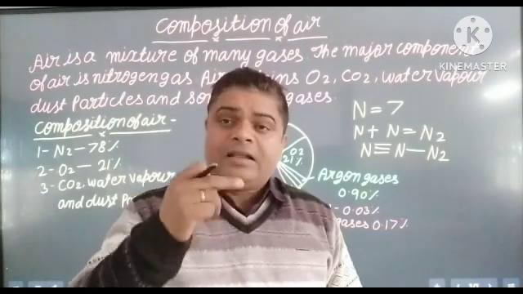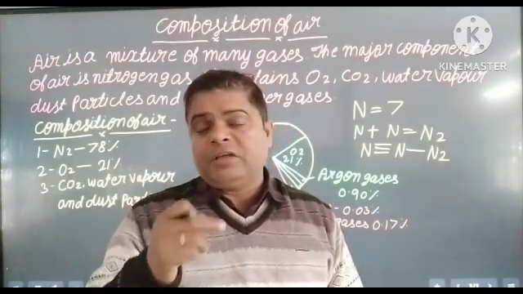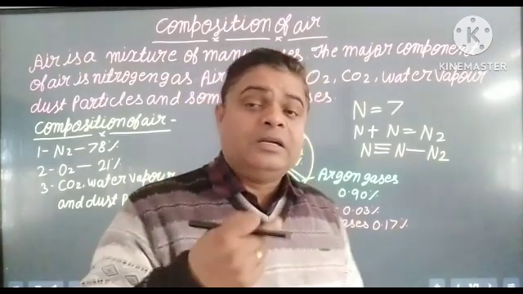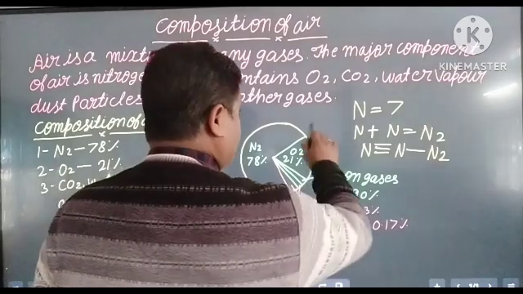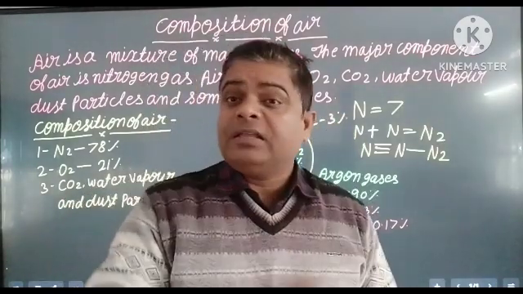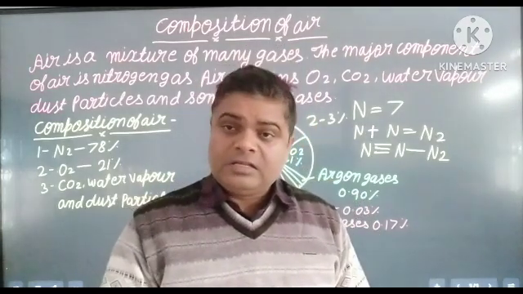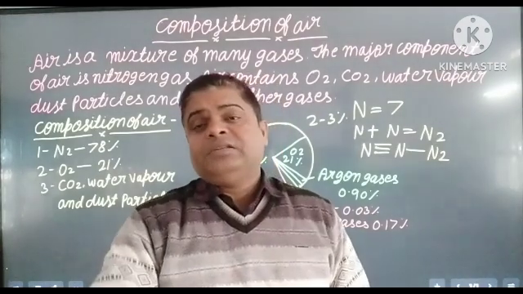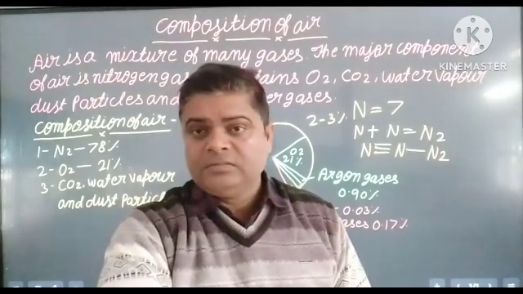So the percentage of carbon dioxide increases. In some industrial areas, the percentage is 2 to 3%. But in village areas where there are no industries, no factories, the percentage of carbon dioxide is less.